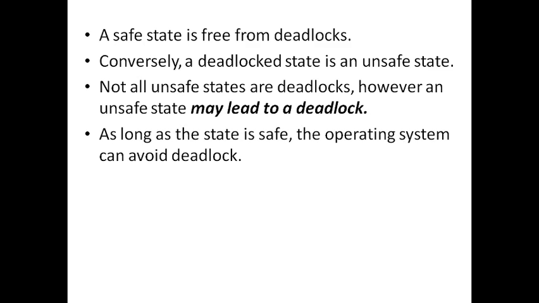So as long as the state is safe, the operating system can avoid a deadlock. This is the basic strategy of deadlock avoidance: the operating system tries to keep the system in a safe state. It never allows the system to get into an unsafe state where it cannot complete all the processes.